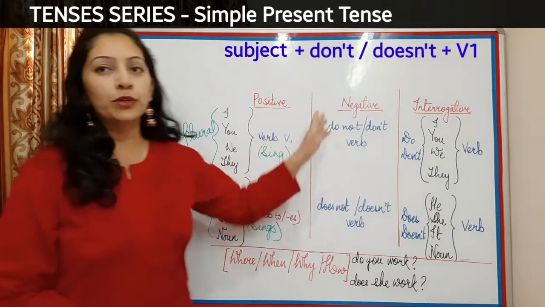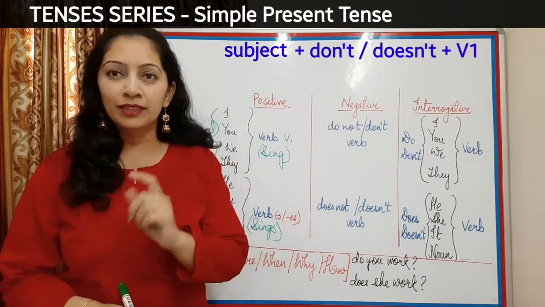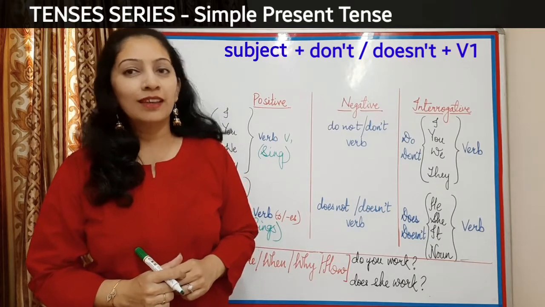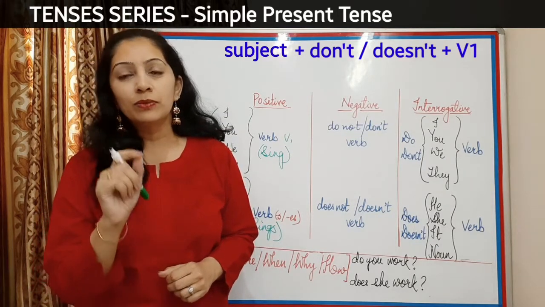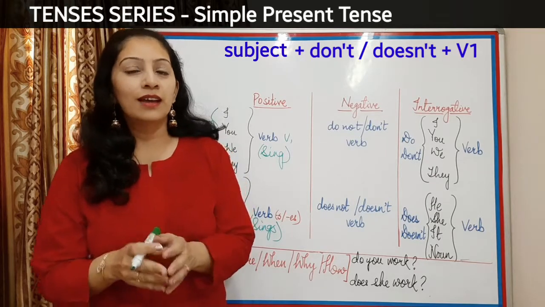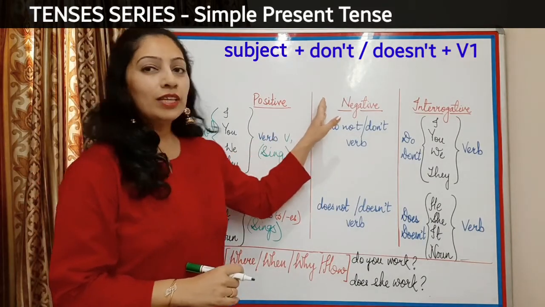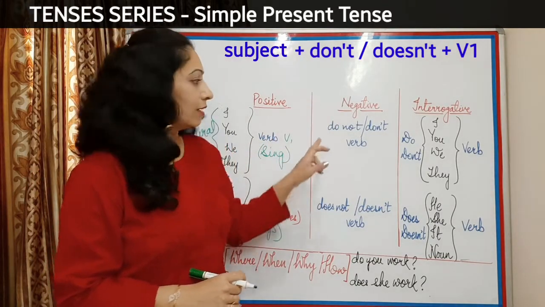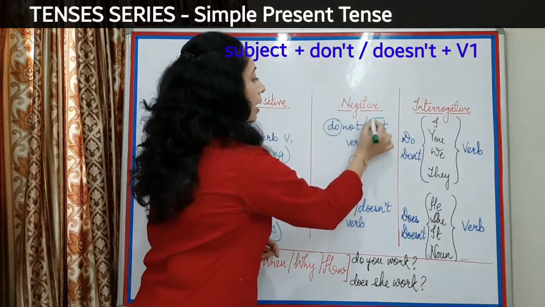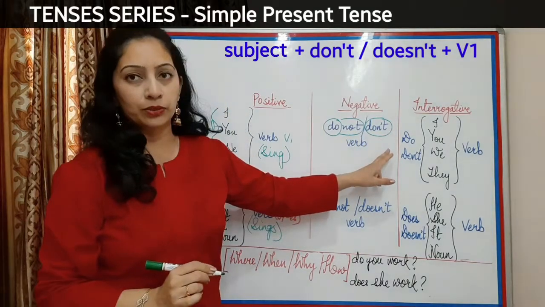Now let's see how to form the negative simple present tense. When we talk about negative and when we were doing auxiliary verbs also, that time I had mentioned that the verb do and its various forms like do or does are taken in present tense. So when we are making negative forms, we will obviously use the verbs do not and don't.